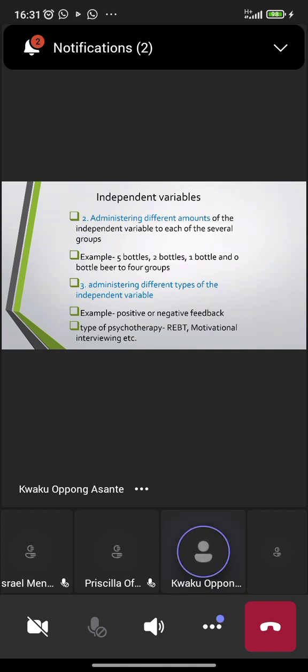So we talk about feedback. In the presence and absence, we say we can give some students feedback, and then some students we will not give them feedback. That is presence and absence. But in the third part, which is different types of the independent variable, here we have different types. So we can give some positive feedback and we can give some negative feedback.